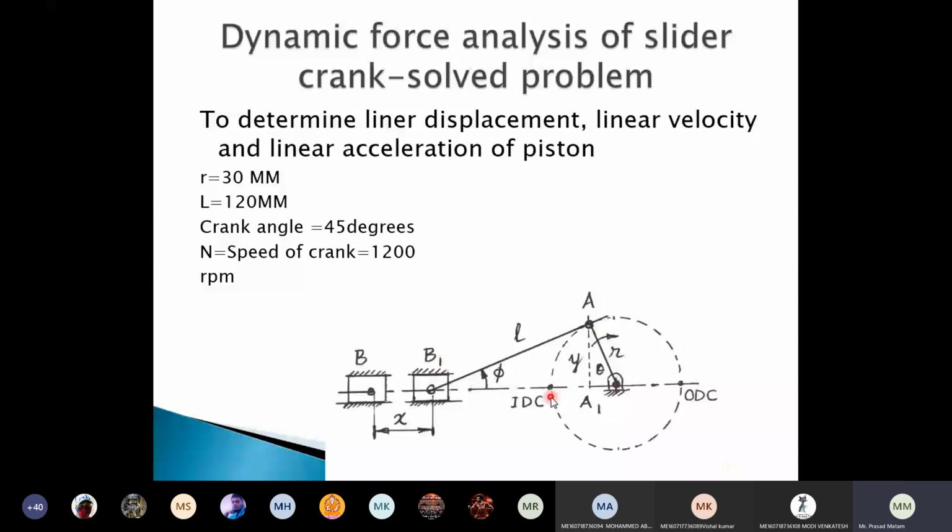Now when the piston moves a distance x, the crank moves by an angle 180 degrees and reaches up to ODC. So when the piston is at point B, the crank is at inner dead center. When the piston moves a distance x and reaches the new point B1, it goes to the point ODC. So this portion we call it as the forward stroke.